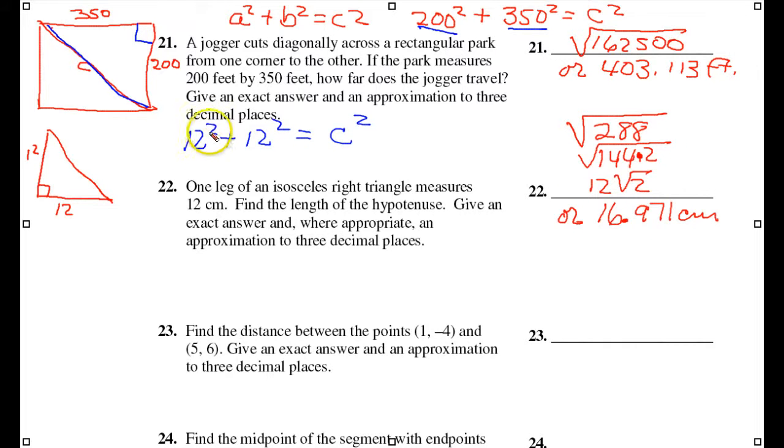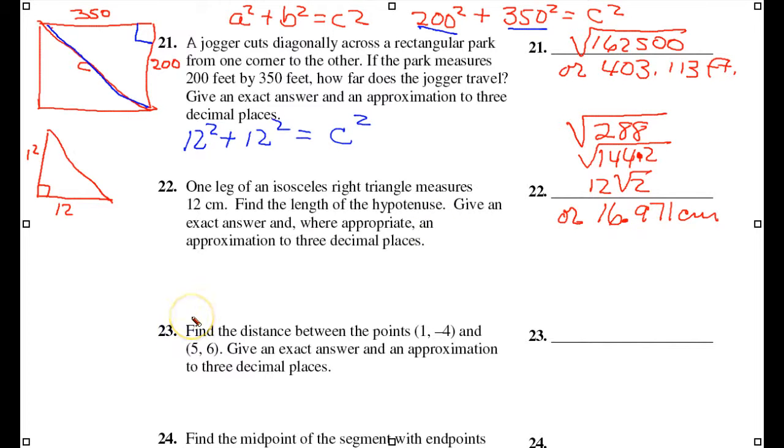This will be 144, 144. So that's 288, or in a sense, it's 2 times 144. This is the perfect square, so 12 the square root of 2 is our exact answer. And this would be an approximation to 3 decimal places.